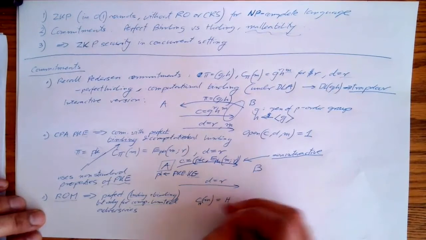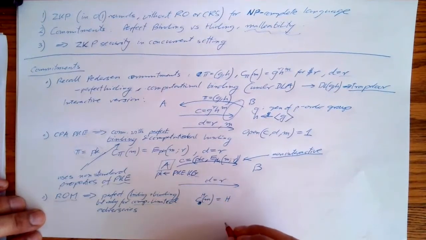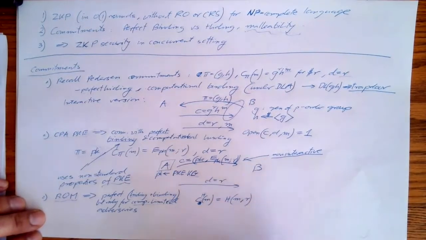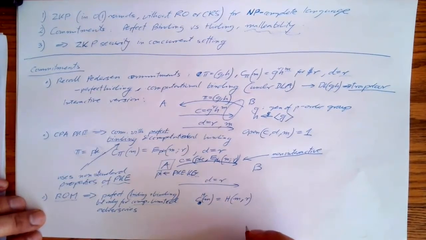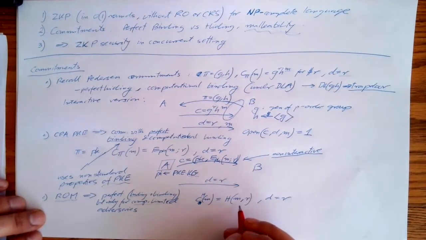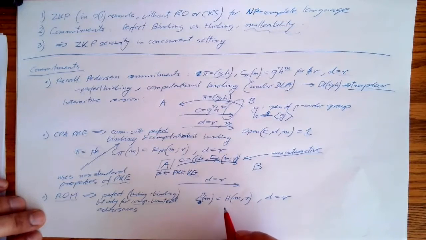The committing algorithm accesses the hash function as an oracle: the commitment is a hash of the message and a randomness, a long random string for the security parameter. And the decommitment is the randomness, and the opener can take the message and the randomness, hash them, and check that it's equal to the commitment.